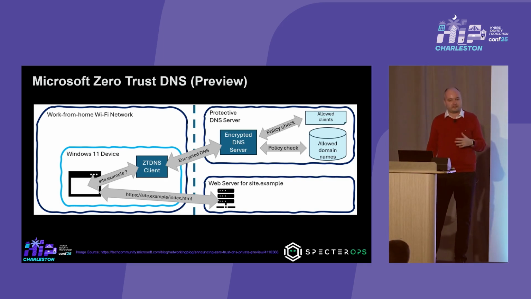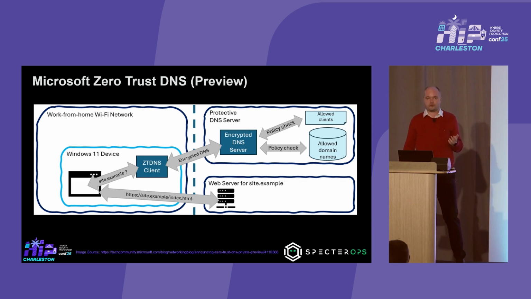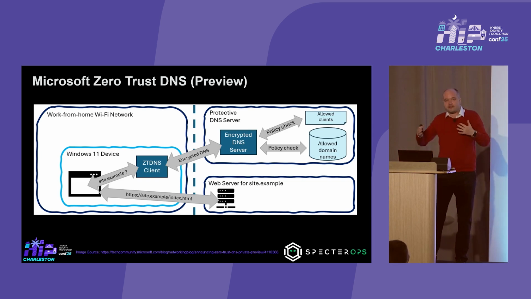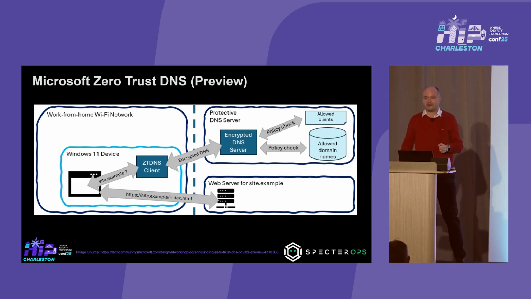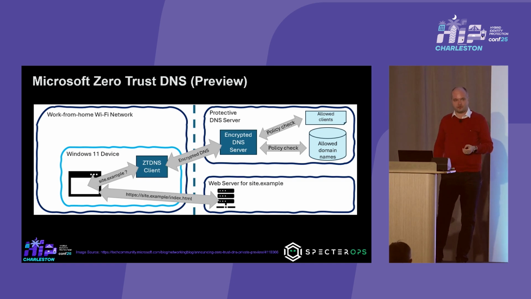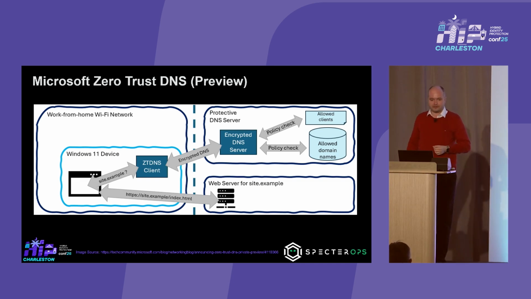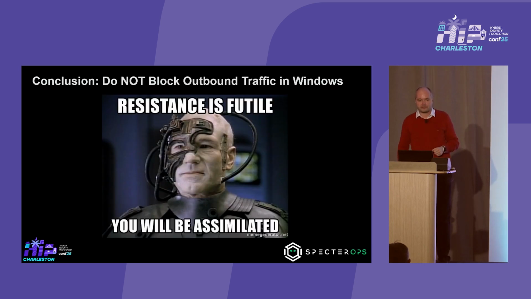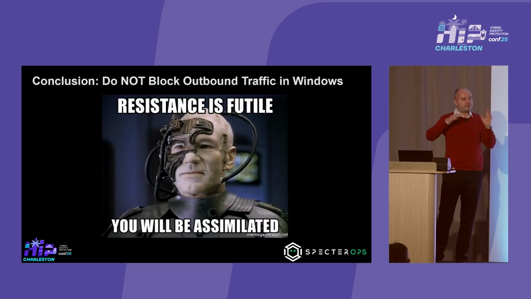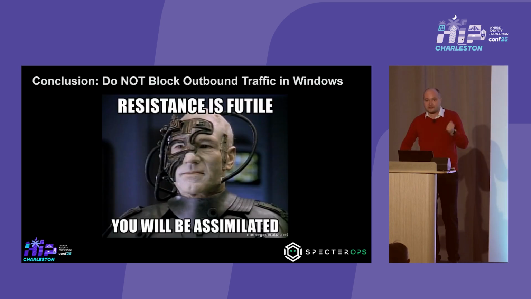But currently it's not available for Windows Server, and we'll see if and in what form it will be available in the future. But this is my only hope, actually. So conclusion, the result of this: don't even try to block outbound traffic yet. It's futile. It will break.